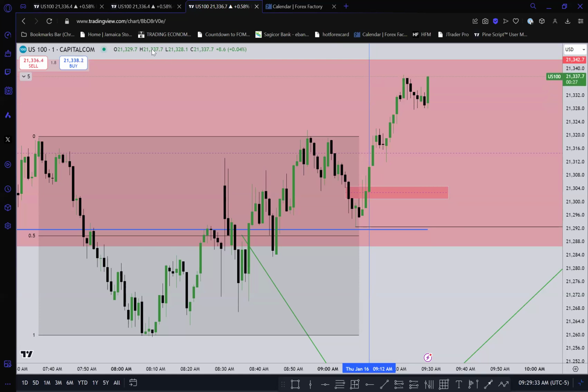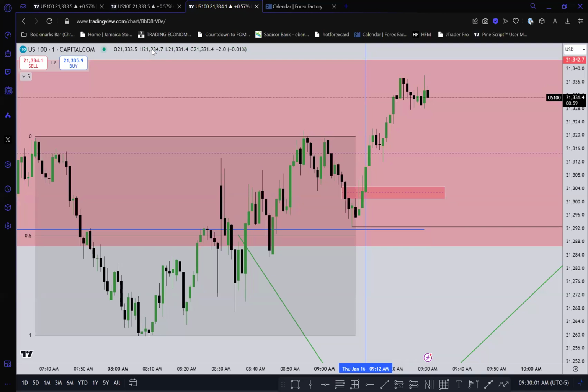Here comes equities open. Five, four, three, two, one. Pump.